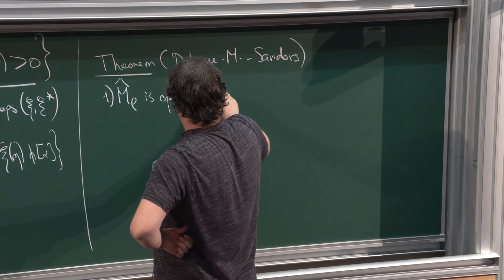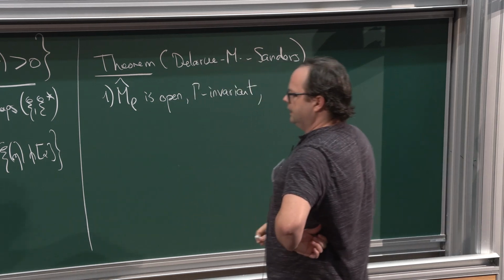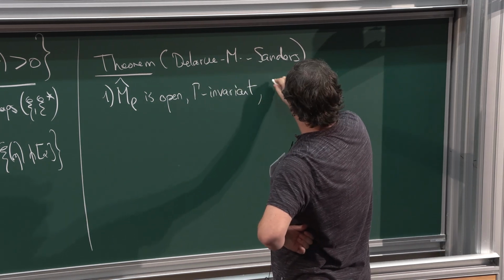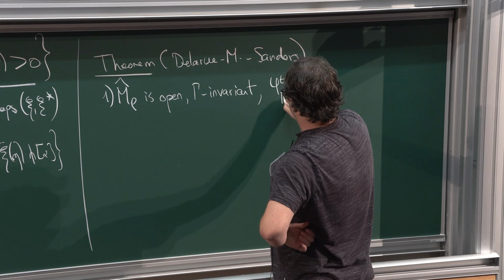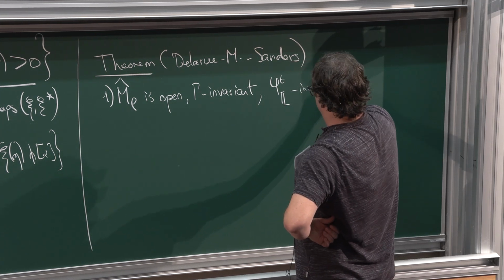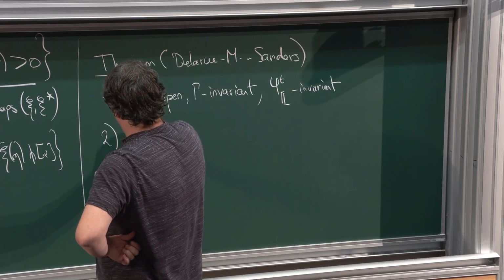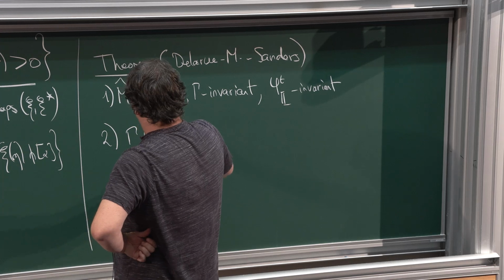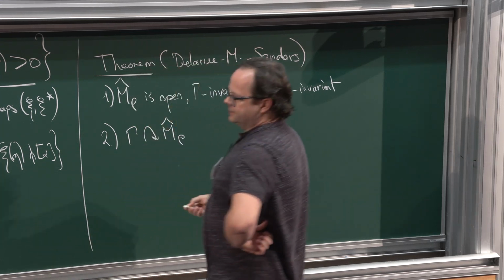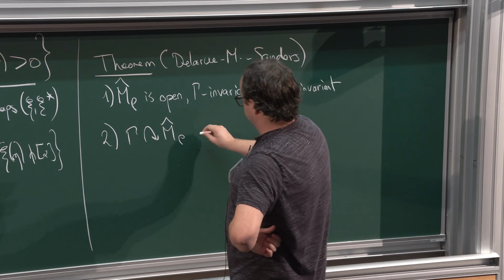It's invariant under gamma. And it is also invariant under the flow that we saw last time. The second point, which is the important one, is that the action of gamma on this M rho hat is properly discontinuous.